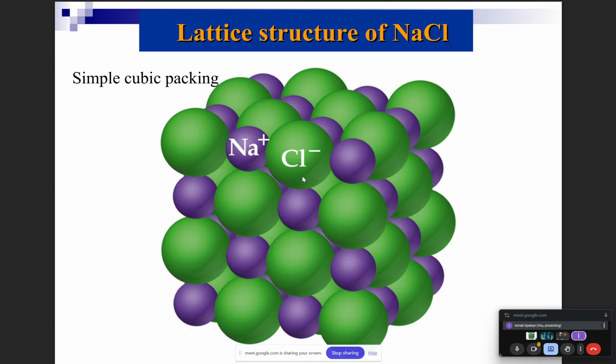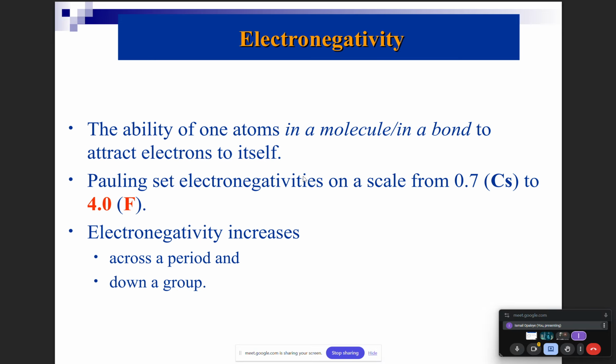High melting point means that you require a significant amount of heat to convert this to a liquid state, and you also require a significant amount of heat to cause it to heat up as well, or to boil.